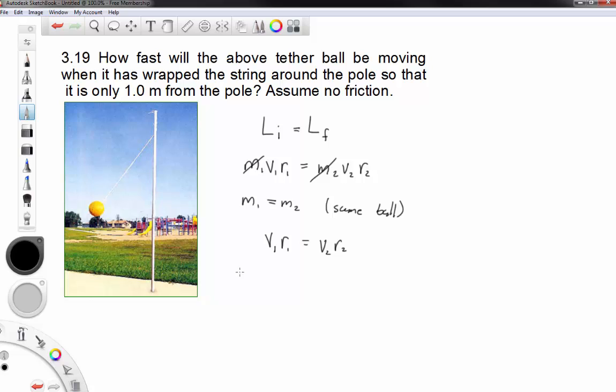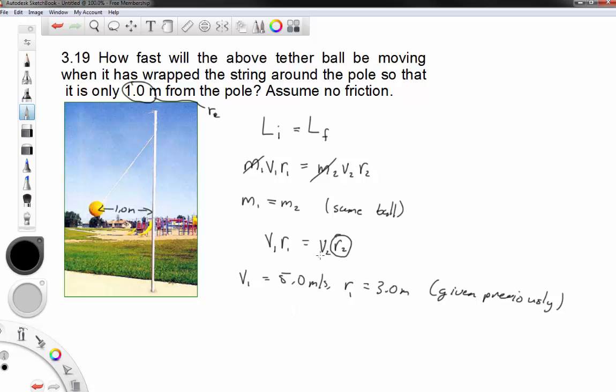Now, in the previous problem, we were given that v1 is equal to 5.0 meters per second, and r1 was equal to 3.0 meters. That was given previously. And if you look above, you'll notice that r2 is given up here as 1.0 meter. So now we're at 1.0 meter.